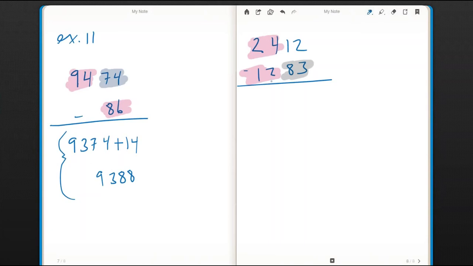So 2,400 minus 1,200 is 1,200, but I'm going to use another one of those hundreds to take away the 83. So that gives me 1,100. I still have the 12 from here, and I have 17. When I took 100 minus 83, it left me with 17. So 1,129 would be the answer to that.